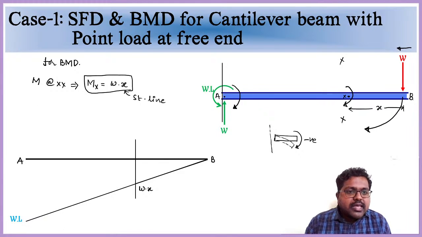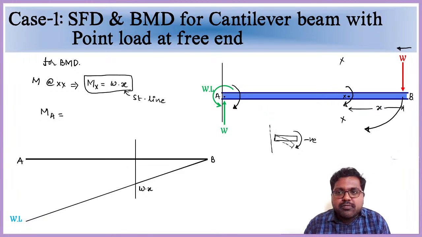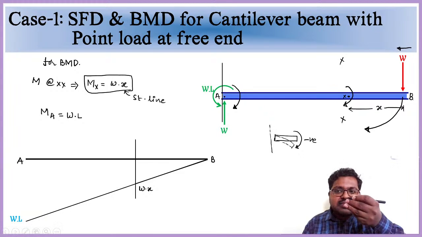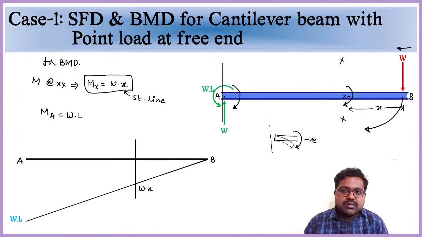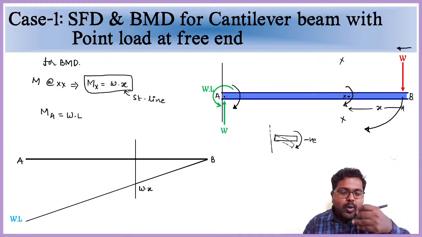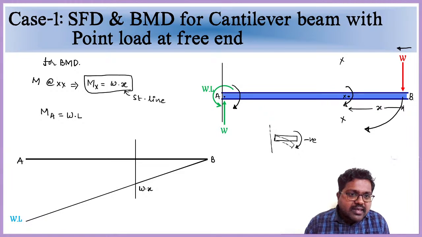So M at A will be equal to, first I am coming from right end, W into distance L, right? So W into L. This is actually acting downwards, and it is creating a clockwise movement. So we are having it as a minus WL, right?